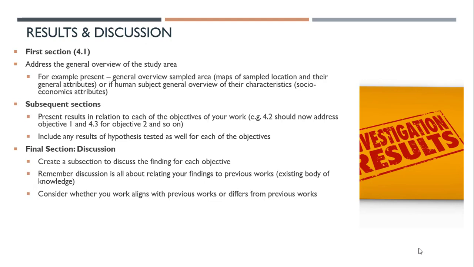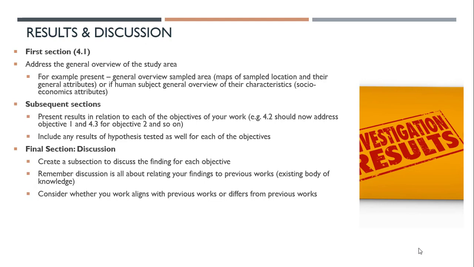So just like the way you discuss each objective, have a subsection of discussion also for each objective, which means you are relating your own findings for each of the objectives to the existing body of knowledge. This is what you found.